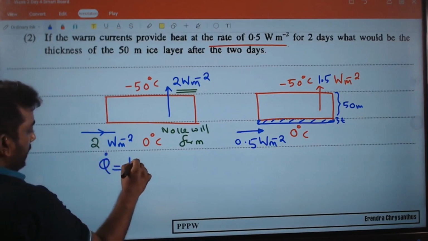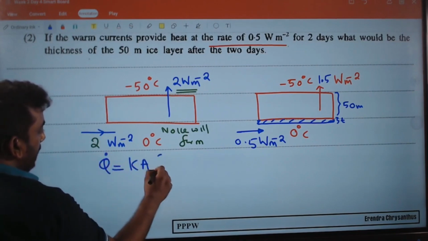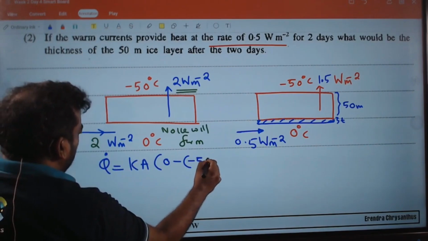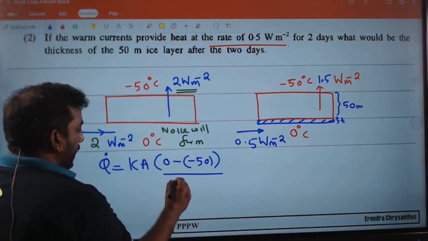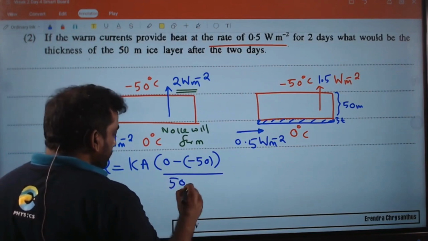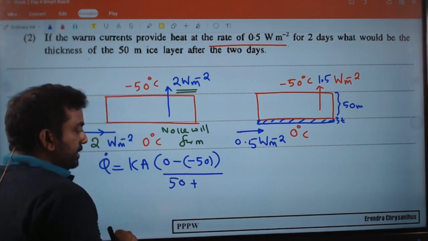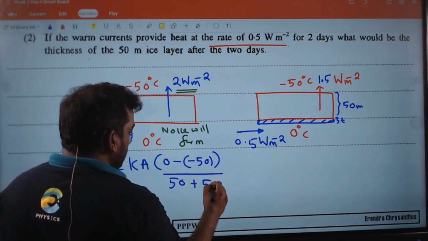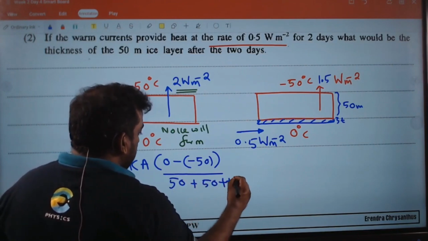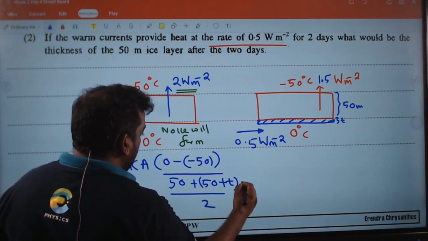Q dot equals K times A times 0 minus minus 50, divided by the thickness there. So here you can say the average thickness is 50 plus thickness, the whole thing divided by 2, since initial is 50 and it changes with time.